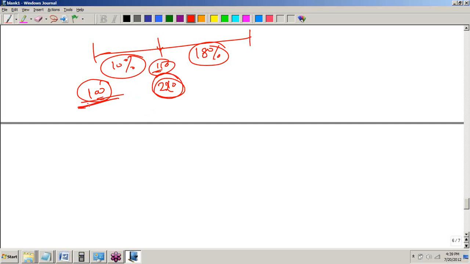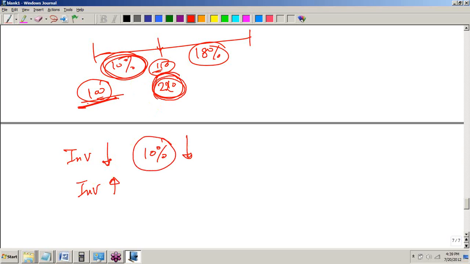When your investment was 100, you had generated 10%. So when your investment was low, you had generated a 10% return, which was also low. But when your investment increased, your return also increased. So investment was low, return was low, but in the later period investment increased, return increased.